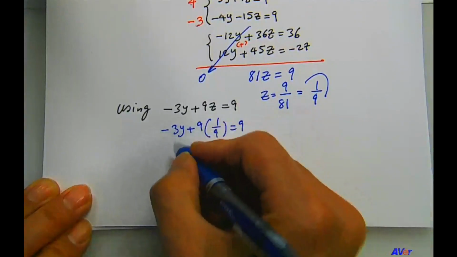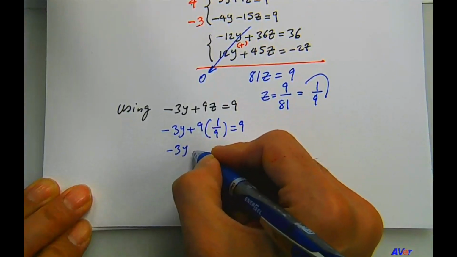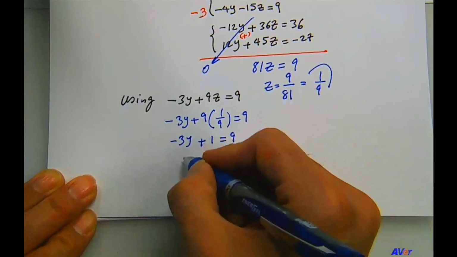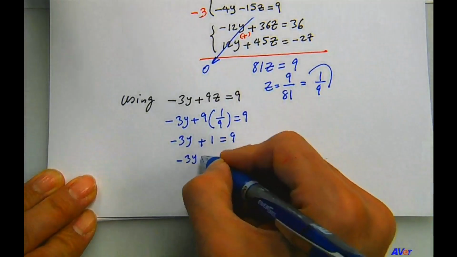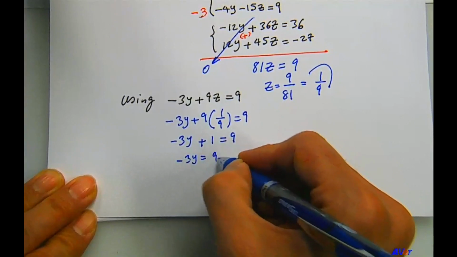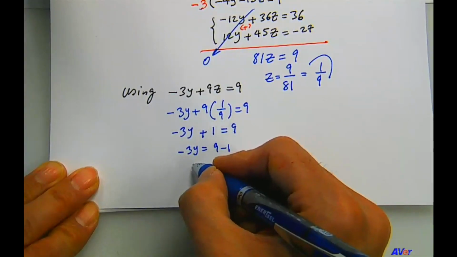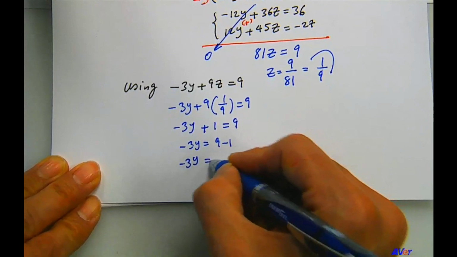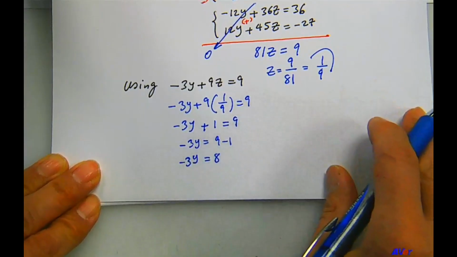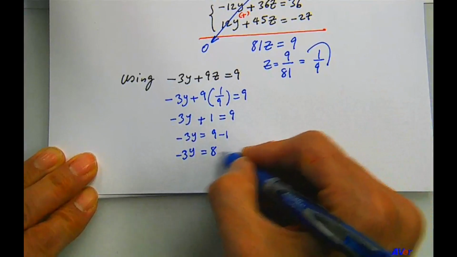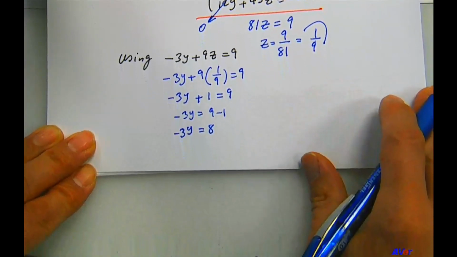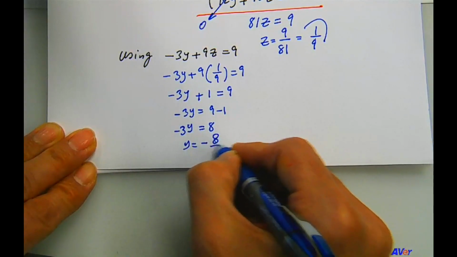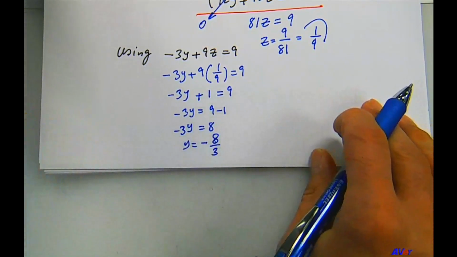So distributing or simplifying, we get minus 3y plus 1 equals 9, minus 3y equals 9 minus 1, and minus 3y equals 8, and so y will be equal to minus 8 over 3.